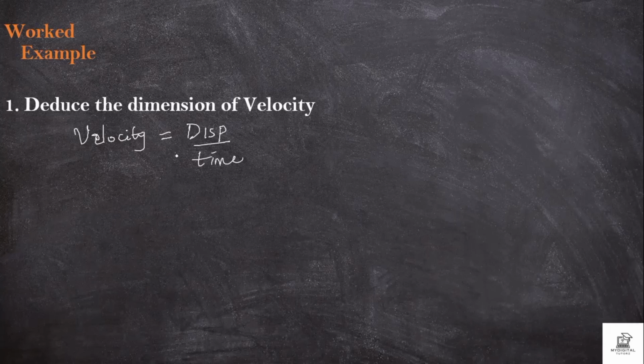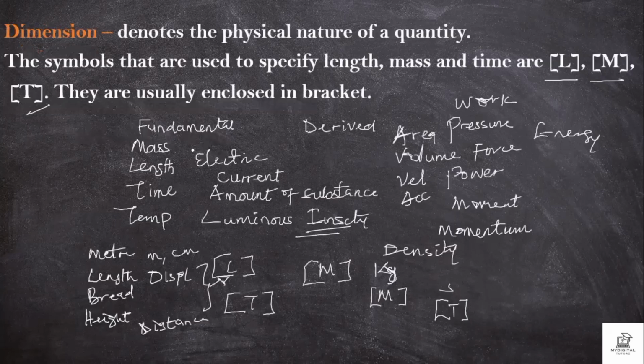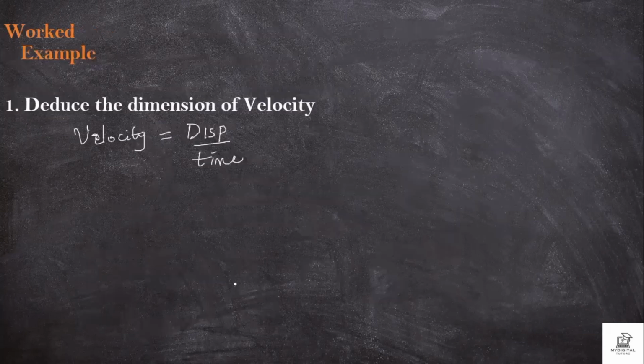From what we have just stated in the previous slide, anything measured in the unit of length has a dimension of capital letter L. So displacement has a dimension of capital letter L. You can put it in a square bracket. All over time, which has a dimension of capital letter T.